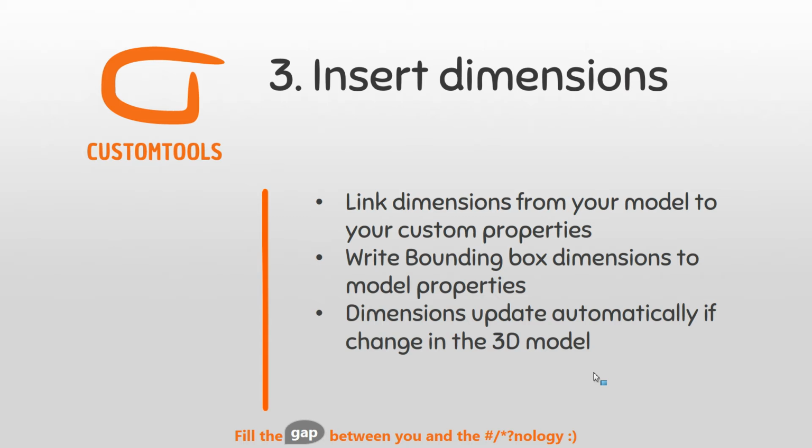You can also write bounding box dimensions as document properties. If a property has been linked to a dimension, then it will automatically update if the dimension is changed in the 3D model. It does not work the other way around.